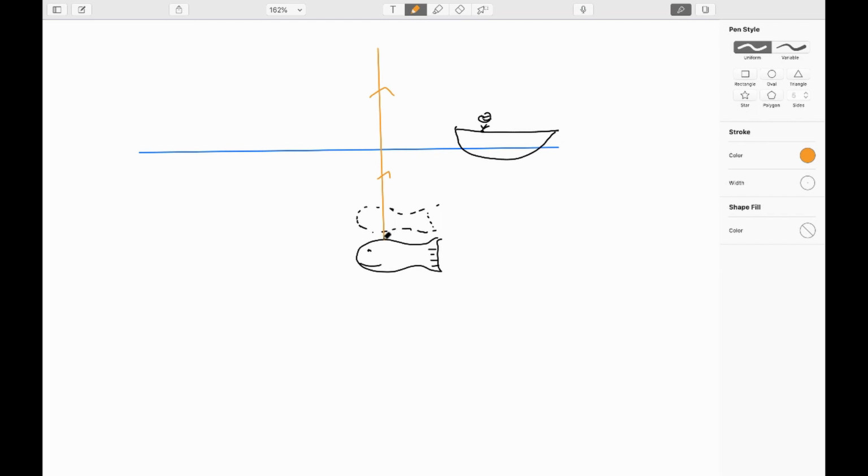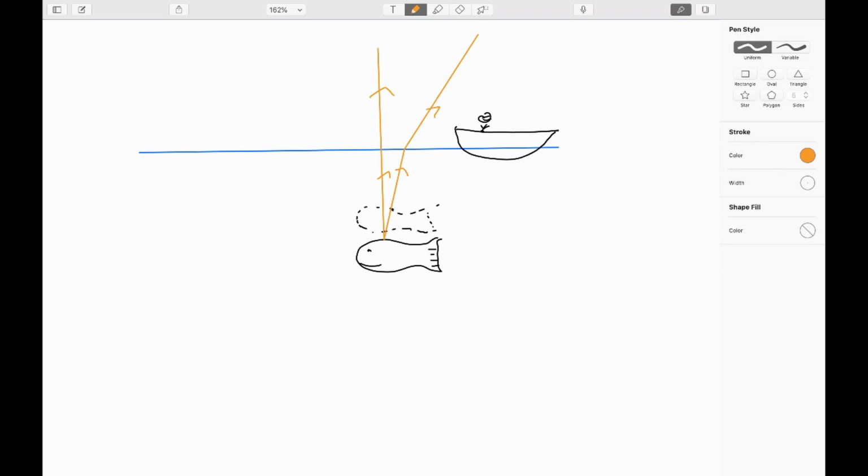But this ray here, let's say, it will bend away from the normal, like so. This is greatly exaggerated. Let's do a little better job of that. It'll bend away from the normal, like so.